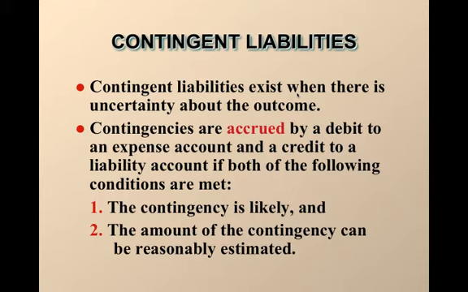So they have to go through this process here, basically whether or not the contingency is likely. And if they think it's likely they're going to lose, as well as they have to estimate. So if people are suing for $1 million and they think it's likely they're going to lose, then both of these conditions are met. And so now they're going to have a lawsuit expense and then a lawsuit payable. And if they're going to have to pay it within the year, it's going to be a current liability. So that's what we're talking about with current contingent liabilities.